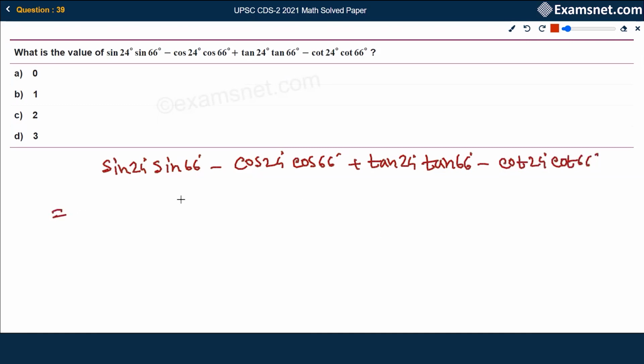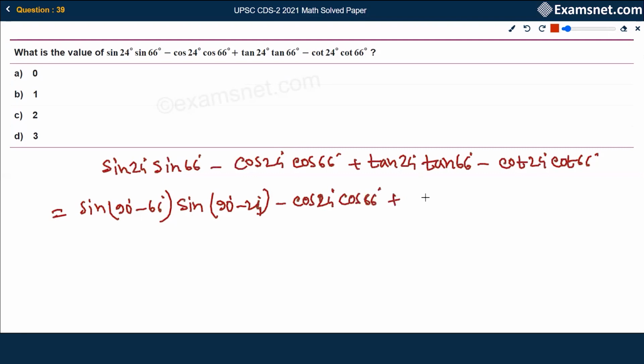Here we can see the sum of 24 and 66 will give us 90. That means they are complementary angles. So we can write sin of 90 degree minus 66 degree, and we can change this sign, 90 degree minus 24 degree, and keep cos 24 degree cos 66 degree as it is.